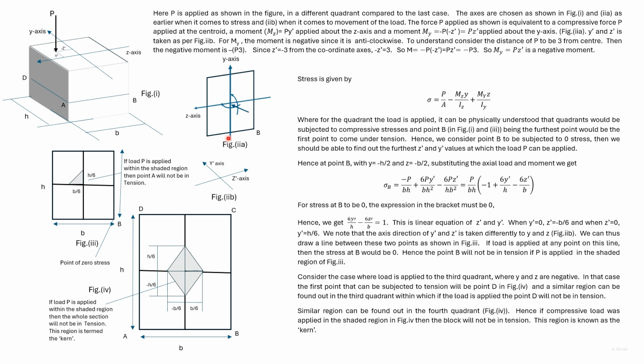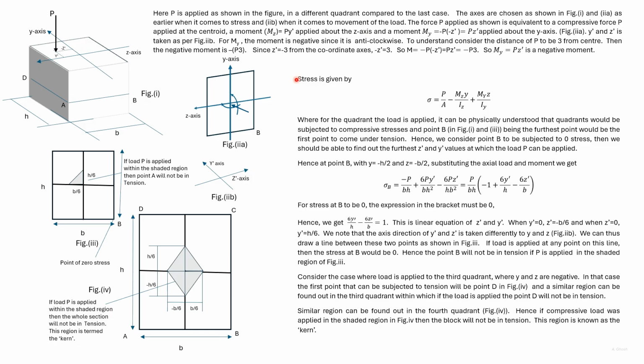We see that the coordinate axis chosen here is the same as the coordinate axis in the last slide. So this is the coordinate axis related to stress, and this is the coordinate axis related to moment of load.